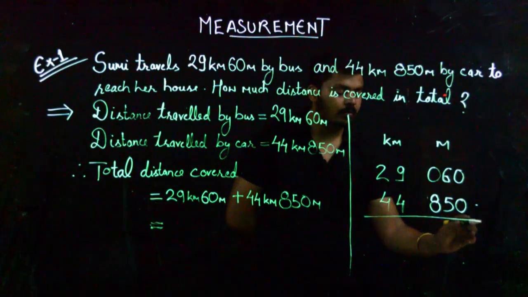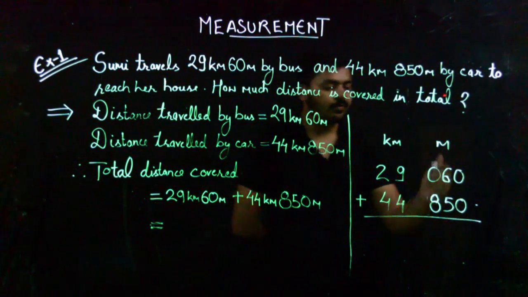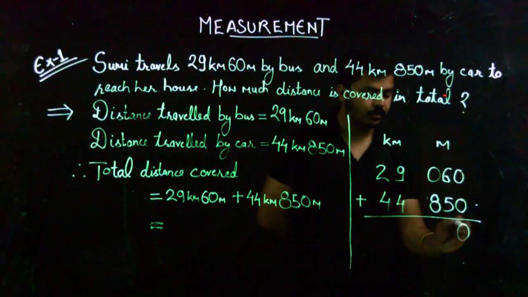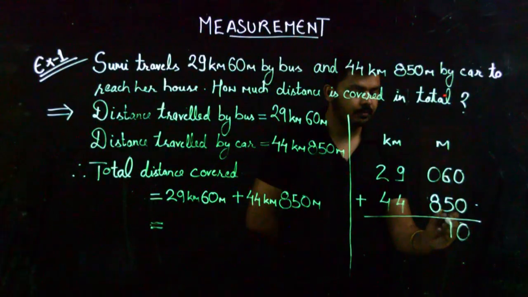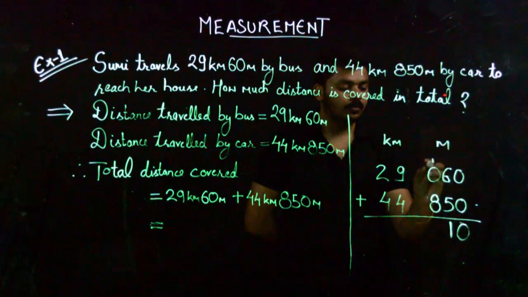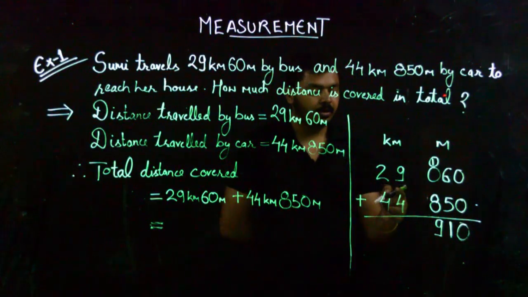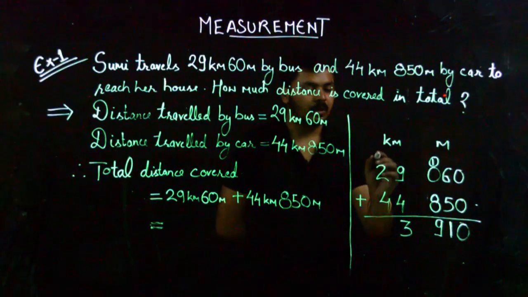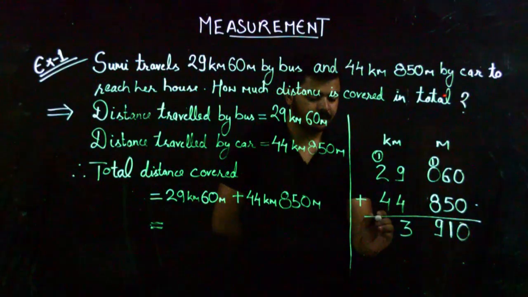So now let's add both of them. Starting from the meter column, adding 0, 6 plus 5 is 11. 1 carry over. 8 plus 1 is 9. Now adding kilometers, 9 plus 4 is 13. And 1 carry over. 1 plus 2 plus 4 is 7.